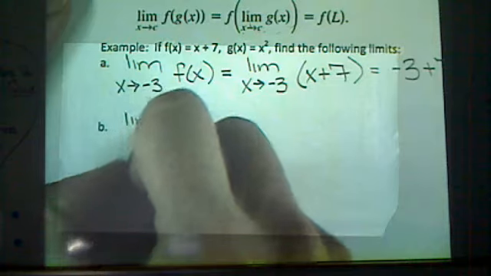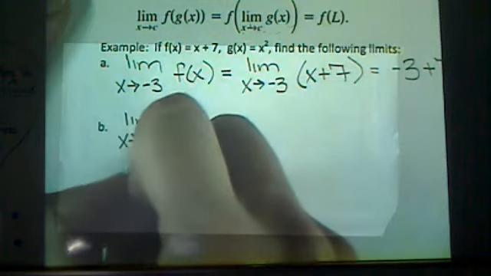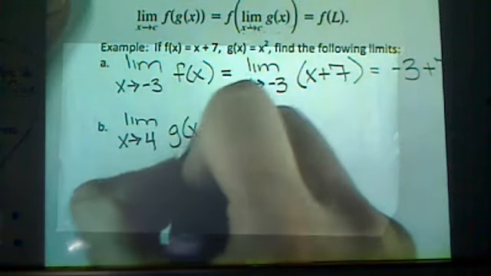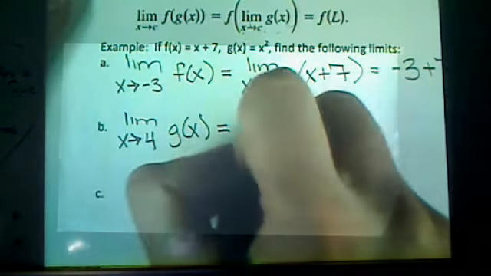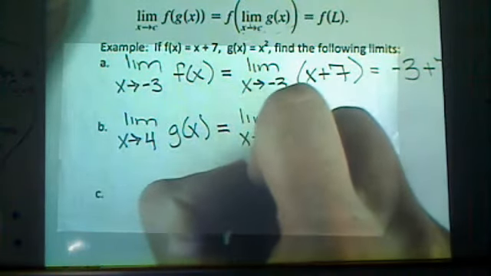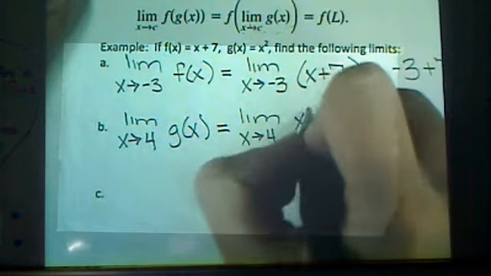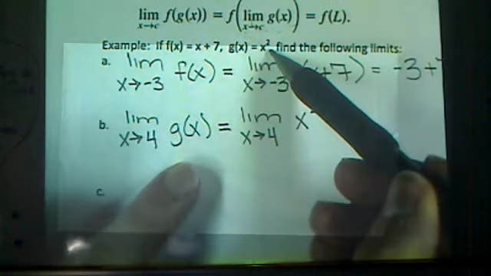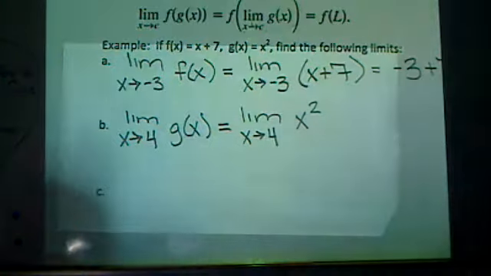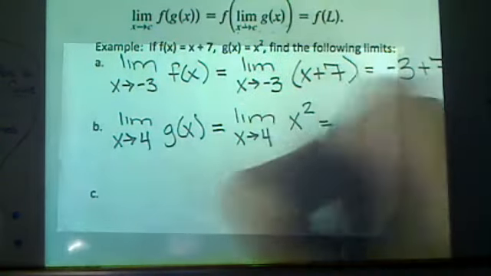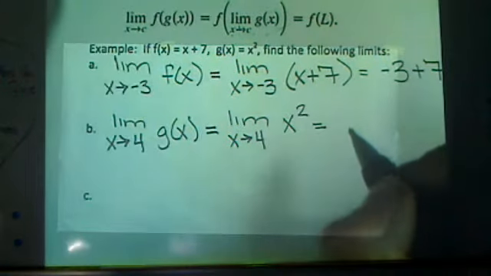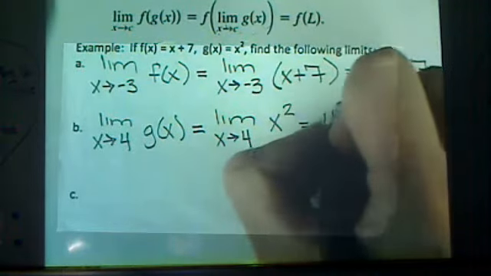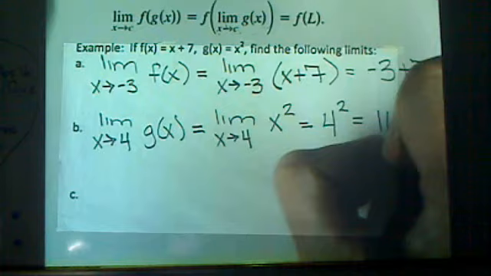The limit as x approaches 4 of g of x. This is the same thing as the limit as x approaches 4 of x squared, because that's what g of x equaled. It told us in the original problem. As this will create no holes or vertical asymptotes when we plug it in, I will do so immediately, and I get 4 squared, which equals 16.